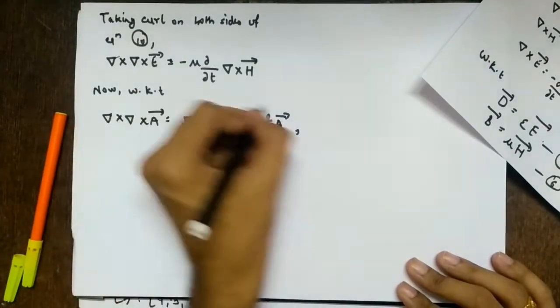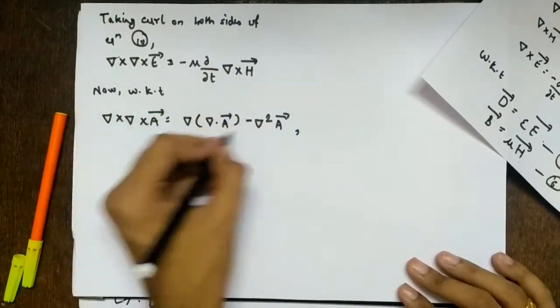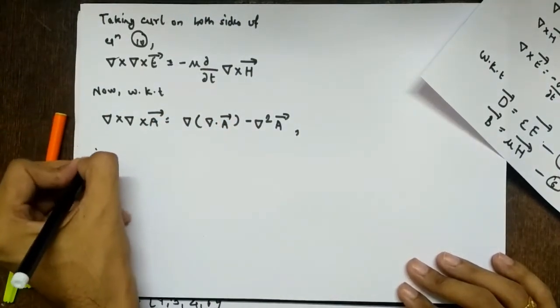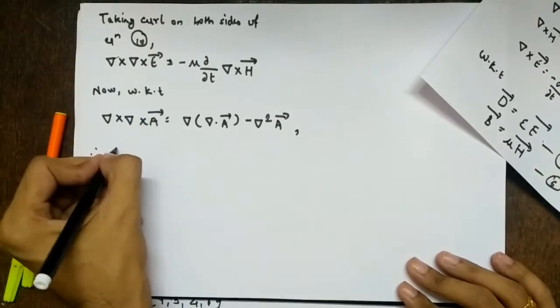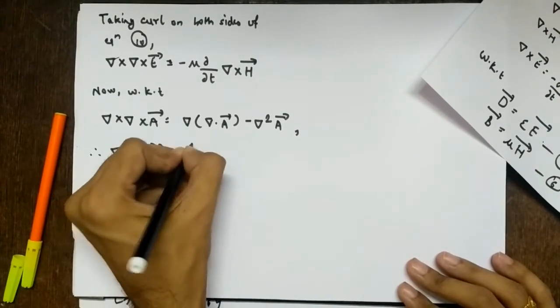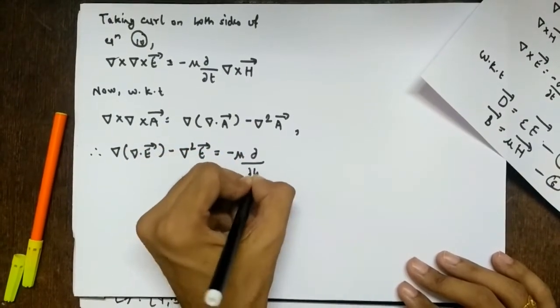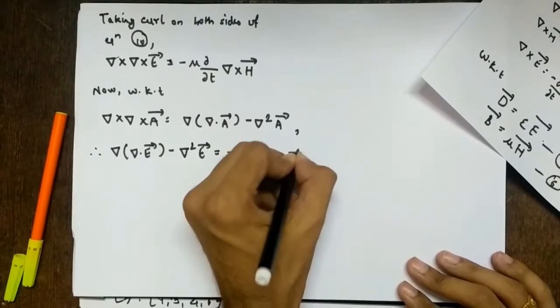This is a standard mathematical identity. Don't ask me how we get this; you can ask your math teacher. So what will this become? A is replaced by E. We'll get del of del dot E vector minus del square E vector equal to minus mu dou by dou t del cross H vector.